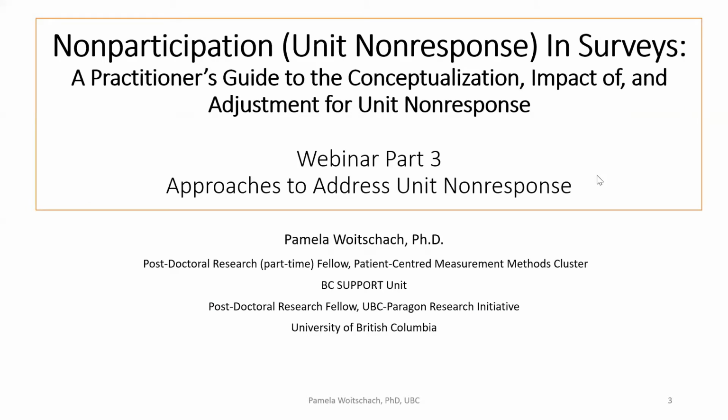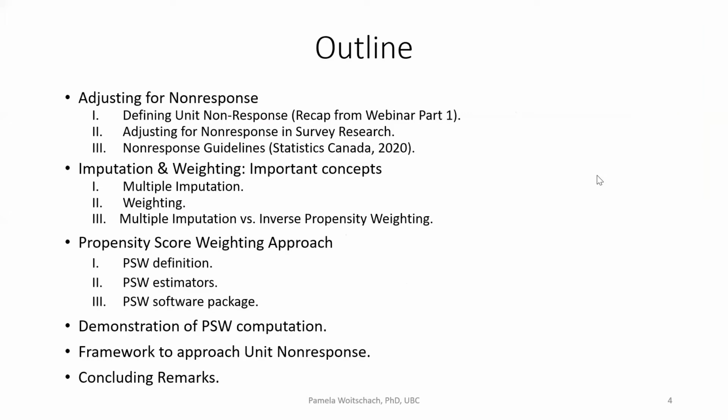We are now in part 3 of this series of interconnected webinars on the topic of unit non-response. This webinar part 3 will be focused on the tools to adjust for unit non-response. In this part, we will talk about imputation and weighting as tools to adjust for non-response.